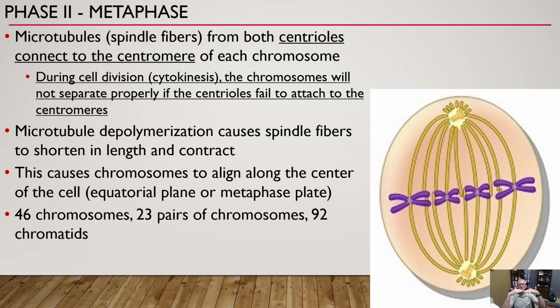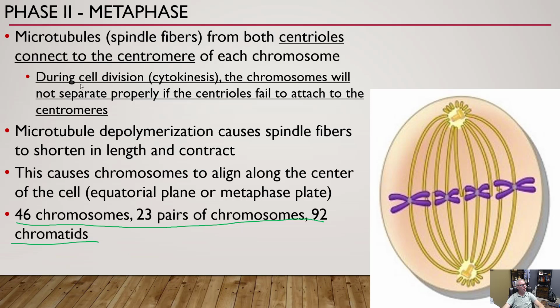The chromosomes are lined up in the center of the cell. That's called the equatorial plane, or the metaphase plane. Again, because the chromosomes have not separated, we still have 46, 23, and 92.